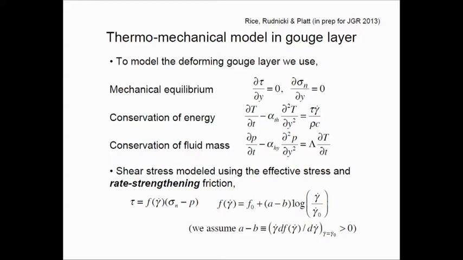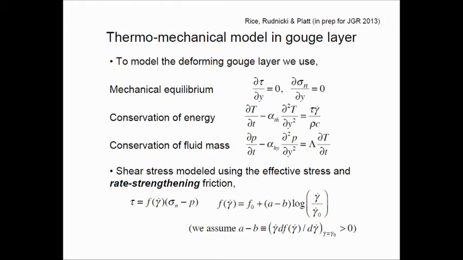And I should also say C, if they were permanently rate weakening, the game would be over. We would have no trouble understanding why shear would localize to an arbitrarily thin zone. So we focus on rate strengthening friction as something that fights against the localization that's otherwise inherent in those equations.